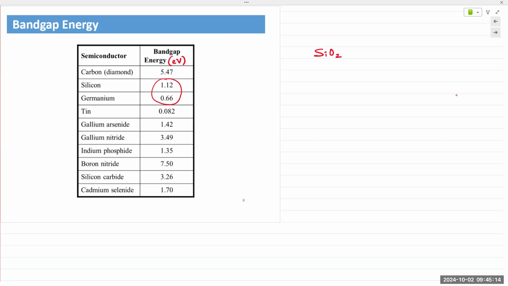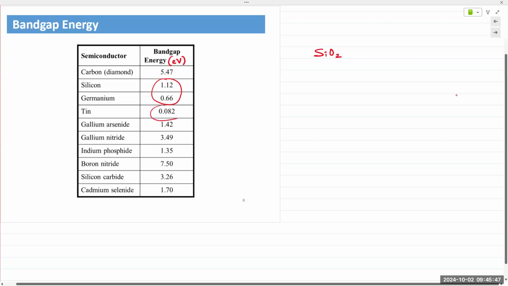We do not use it as an intrinsic semiconductor because the electrons by themselves do not have sufficient energy to cross over into the conduction band. There are semiconductor materials created by combining silicon and germanium, so you have silicon germanium material. You also have silicon carbide material that can be used. But carbon by itself, not so much.